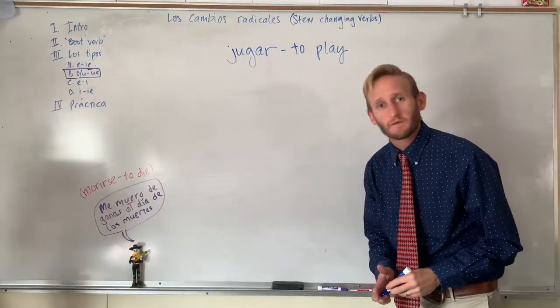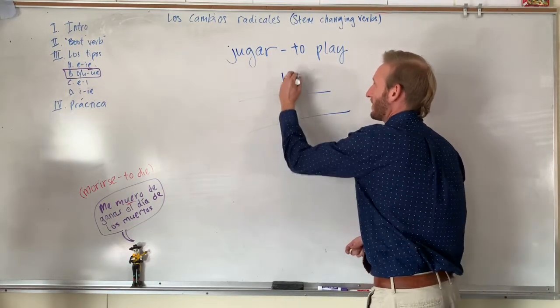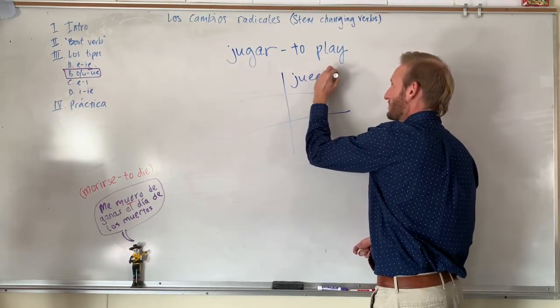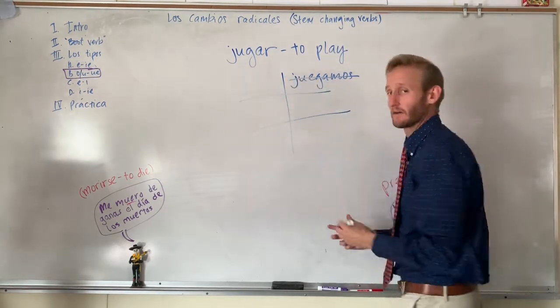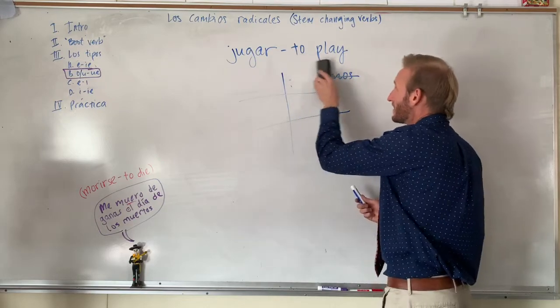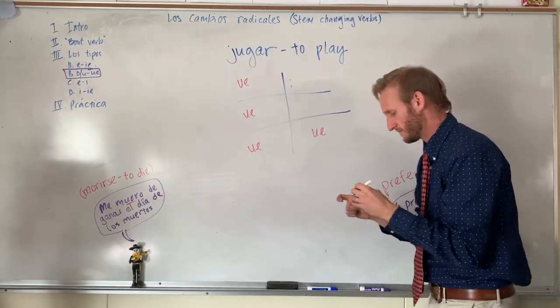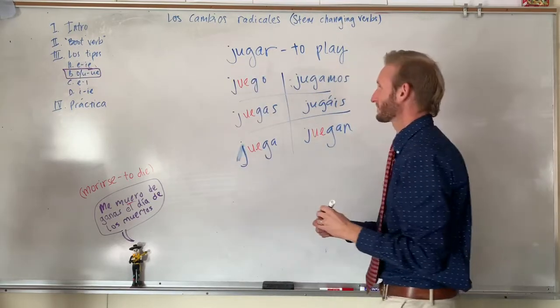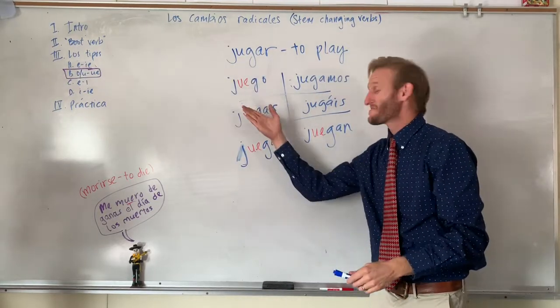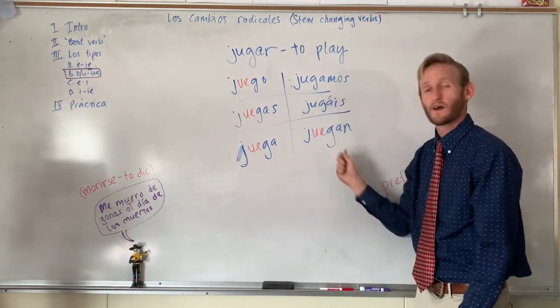Jugar, I know you guys have seen it. I'm just going to cover it one more time because it's so typical that we do something like jugamos, no, right? I've just seen that mistake so many times. So I just want to make sure we cover it. Again, I just put the stem change here. You can see that boot. Juego, juegas, juega, jugamos, jugáis, juegan.